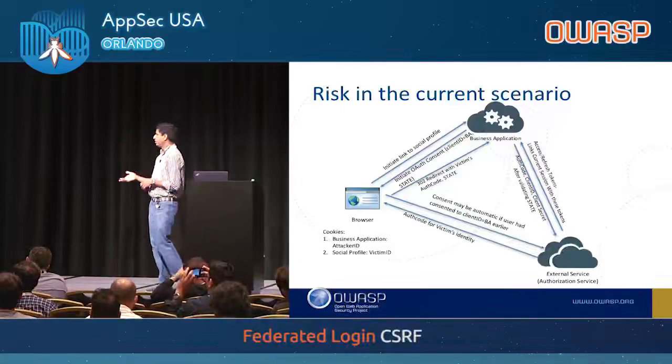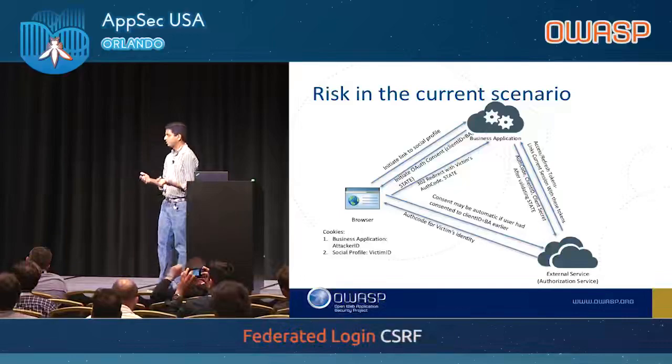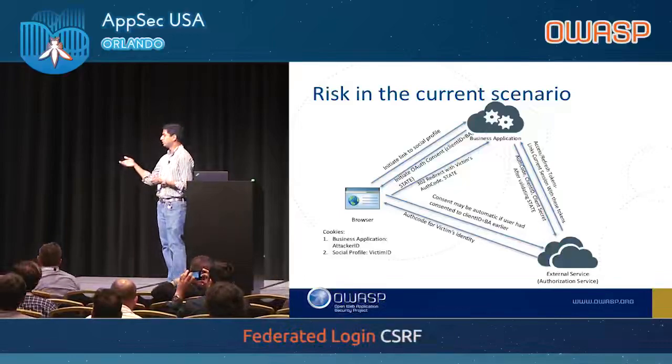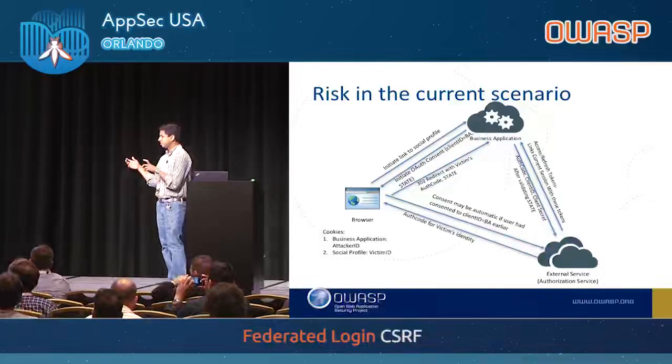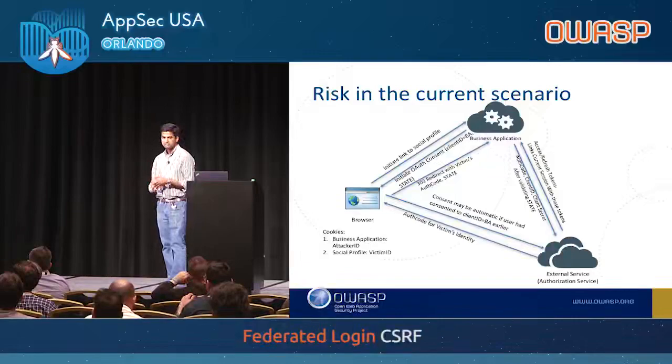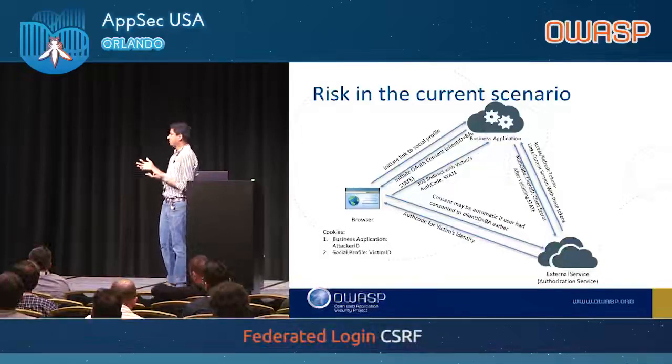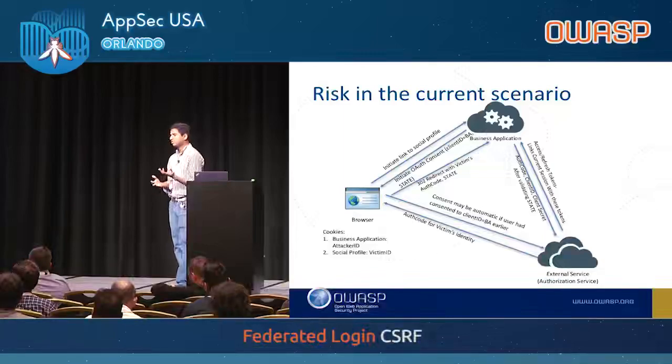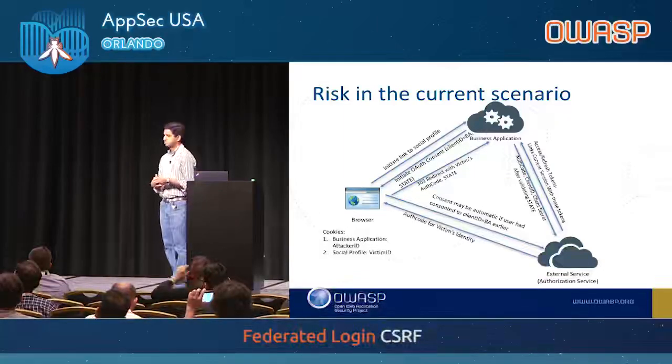Once all this flow happens, all that the attacker has to do is log into the business application again, use the connected feature, and get social data from the victim. So this is under the assumption that this business application reads data from the social network using the stored tokens.